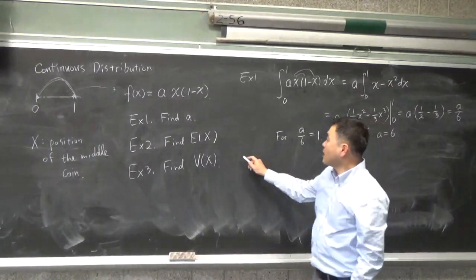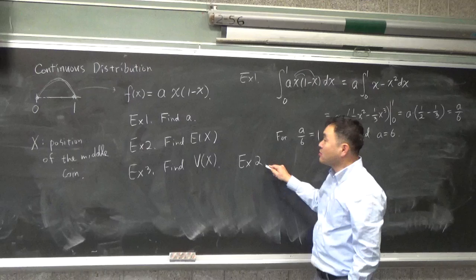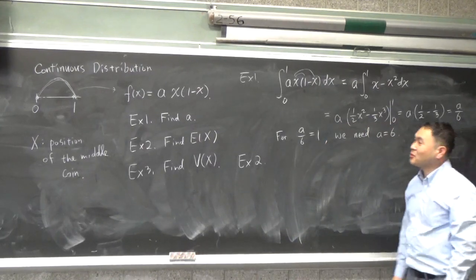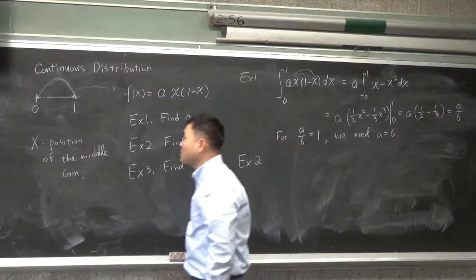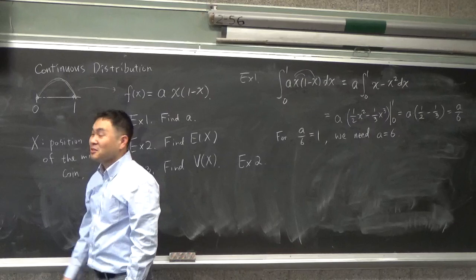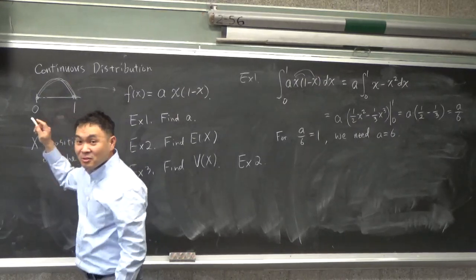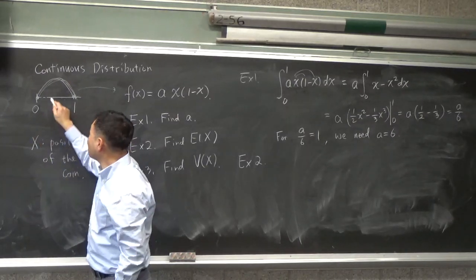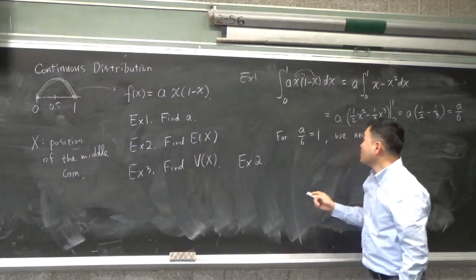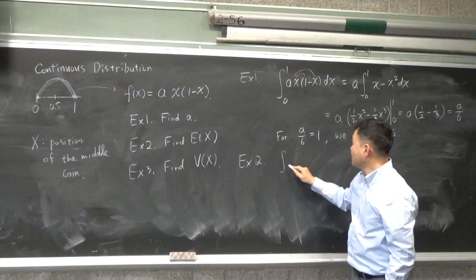Now let's try the second one. You could do the calculation, or you could just be lazy and look at this and get the answer. What's the answer? 1/2. It's very symmetric, right? So the answer is 1/2, 0.5.